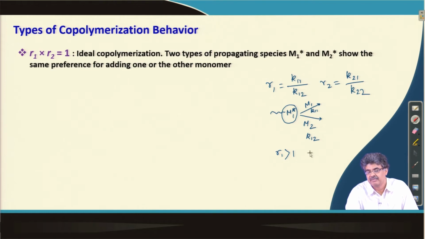Similarly, if r1 is 0, then obviously there is no tendency of M1 to react with M1, but it can react with M2. If I have r1 less than 1, that means the tendency to react with M2 is higher than the tendency to react with M1. So, the tendency of alternating arrangement is more than the tendency of consecutive arrangement of monomers.